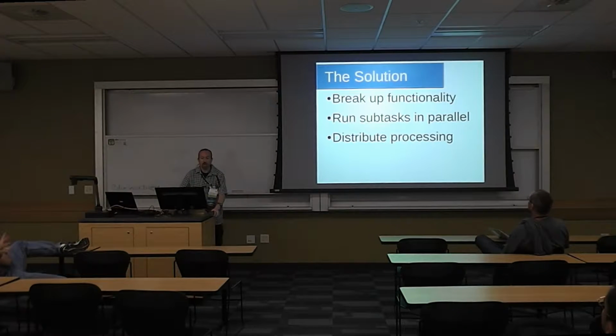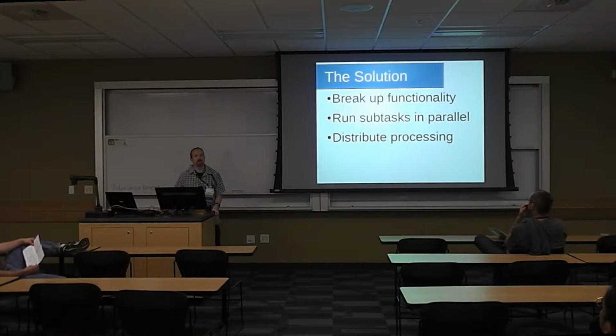So in order to solve this problem, we need to break up the functionality. We take the stuff that runs nice and quick, and we keep it up near the user where they tell it to go, it goes, it comes right back to them, and the user continues on with what they're doing. And the slower stuff, we move into the background. Run subtasks in parallel.